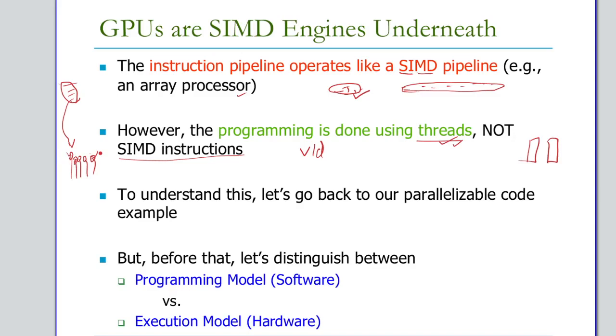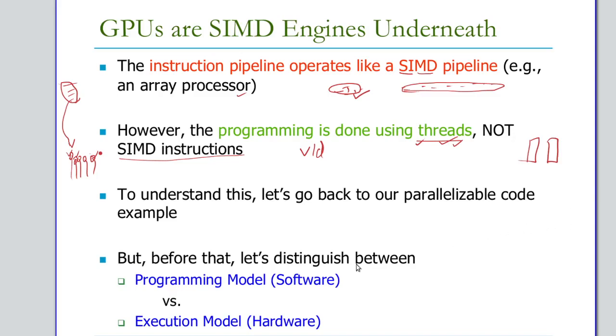This processing element will be executing the same sequence of code with different data, and this one will be executing the same sequence of code with different data. So here in GPU we will have a programming model with multiple threads. We will see the parallelized code.